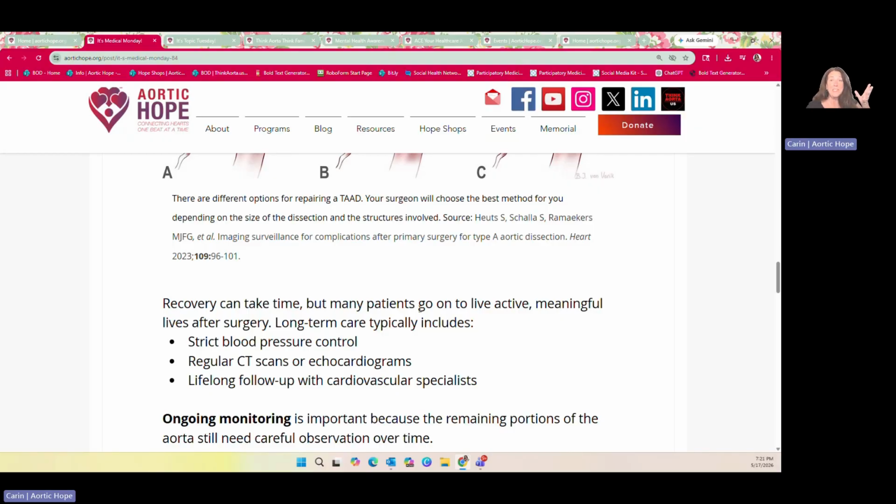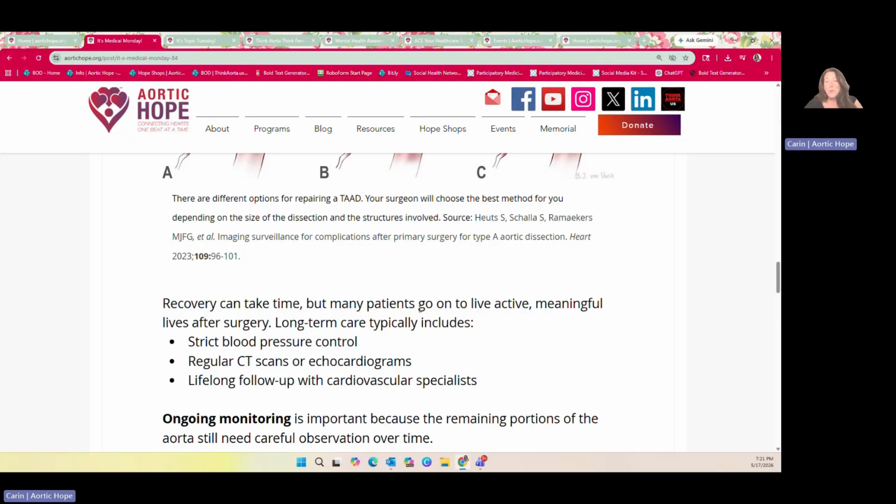It can definitely take time, but there is no reason why you can't go on to live a very active, meaningful life after surgery. Long-term care typically would include pretty restrictive and strict blood pressure control, regular CT scans, echocardiograms, or an MRI, and basically lifelong follow-up with a cardiovascular specialist.